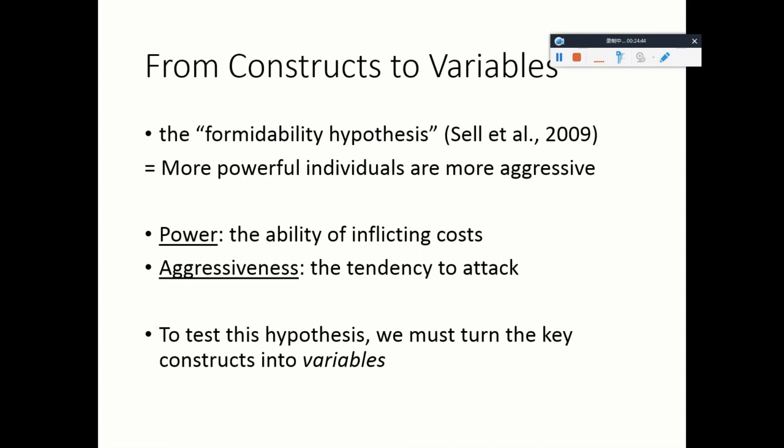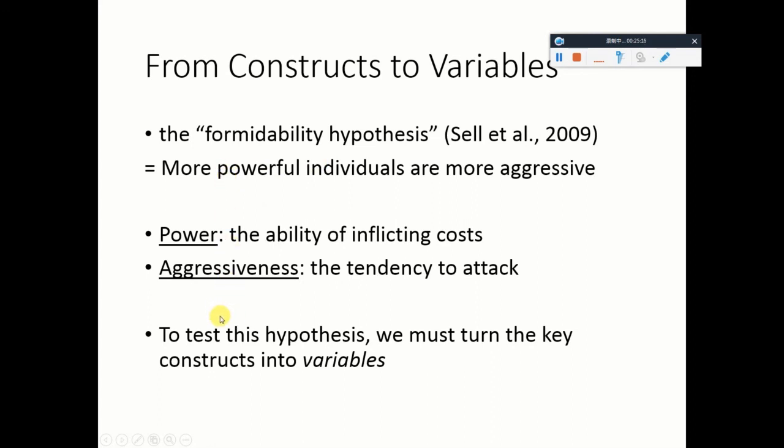But then to verify the correctness of this sentence, right? To determine whether this is true, whether it is indeed the case that more powerful people are more aggressive rather than less powerful people being more aggressive, we need to collect some data and see if the data that we collect actually agree with the sentence.